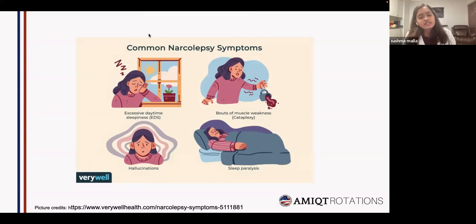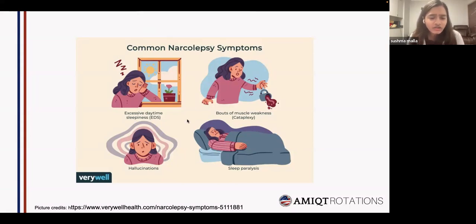And sleep paralysis also occurs because REM sleep, rapid eye movement sleep, intrudes into wakefulness, the time that the patient is awake. So the patient is awake, the eyes are open, but they can't move any of their body parts, and it feels like they're just limp, flaccid, and paralyzed.